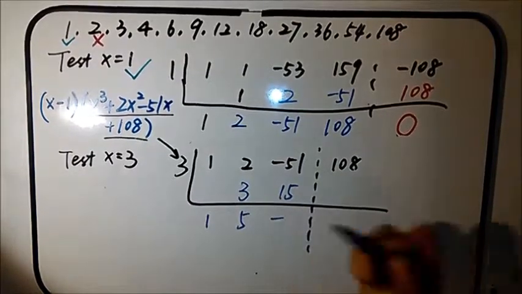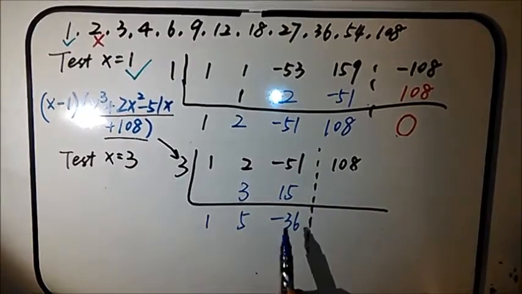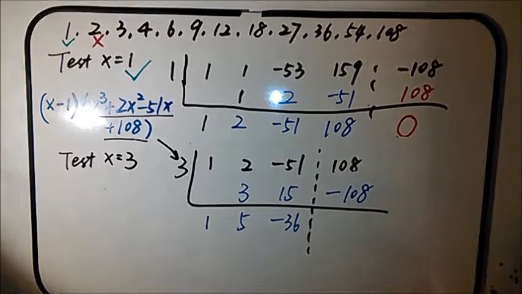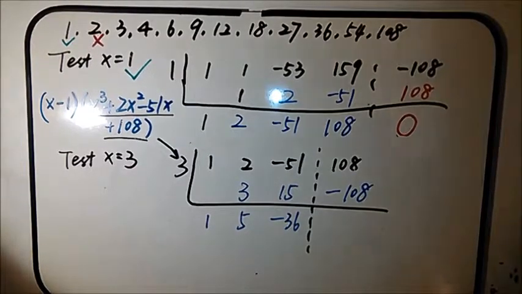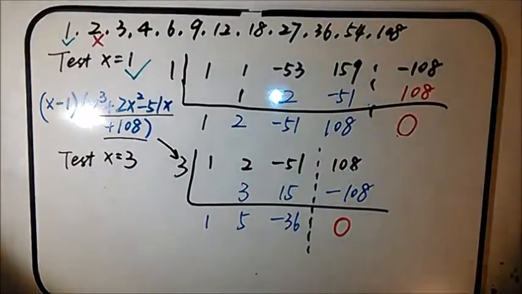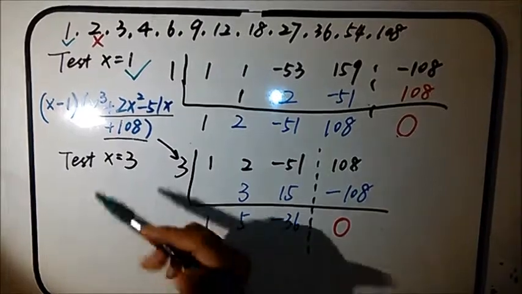Negative 51 plus 15 is negative 36. Negative 36 times 3 is negative 108. Aha, our remainder is 0. And since this remainder is 0, x equals 3 is a root.